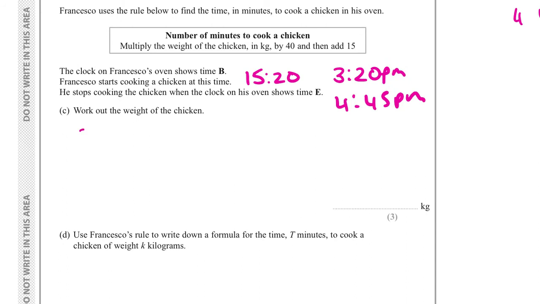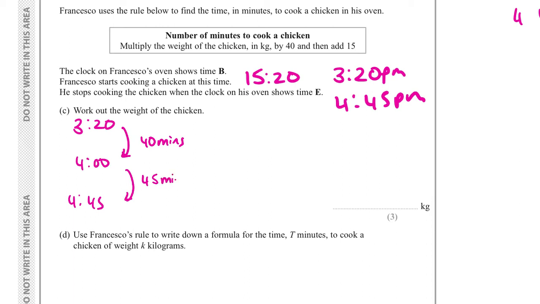Work out the weight of the chicken. Okay, so how long, first of all, is 3:20 to 4:45? So some of you might say, right, 3:20 to 4 p.m. is 40 minutes. And then 4 to 4:45 is 45 minutes, okay?